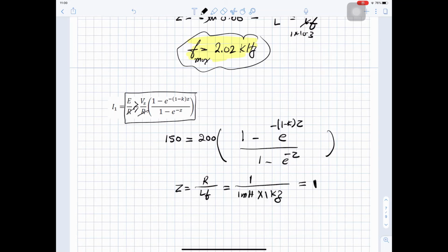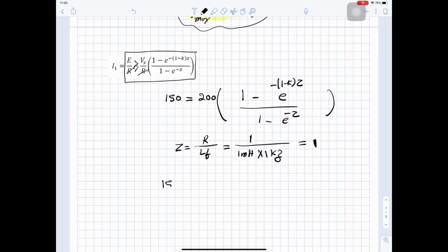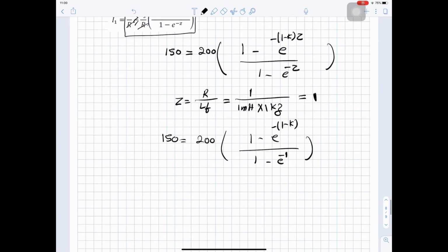So this Z is 1. So the equation becomes 150 equals 200 multiplied by (1 minus e to the power negative (1 minus K)) divided by (1 minus e to the power negative 1). So the only unknown in this equation is K minimum, the minimum duty to be continuous. So we can find K to be 0.357.